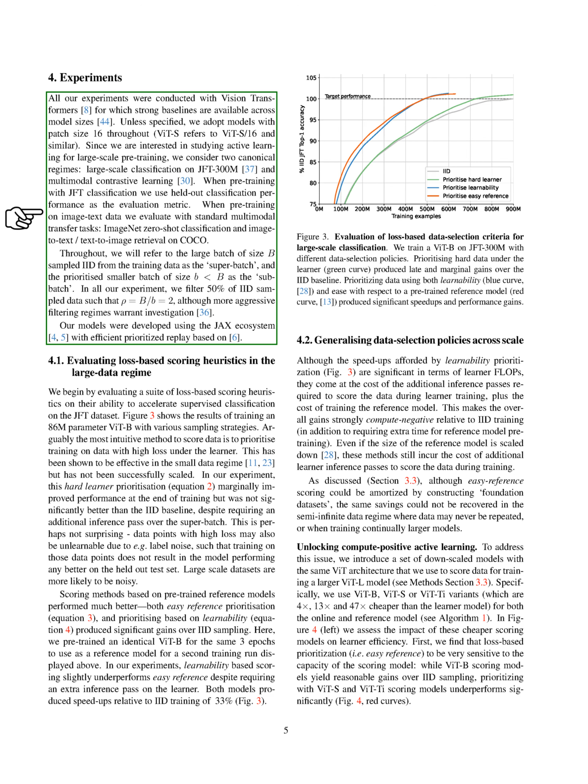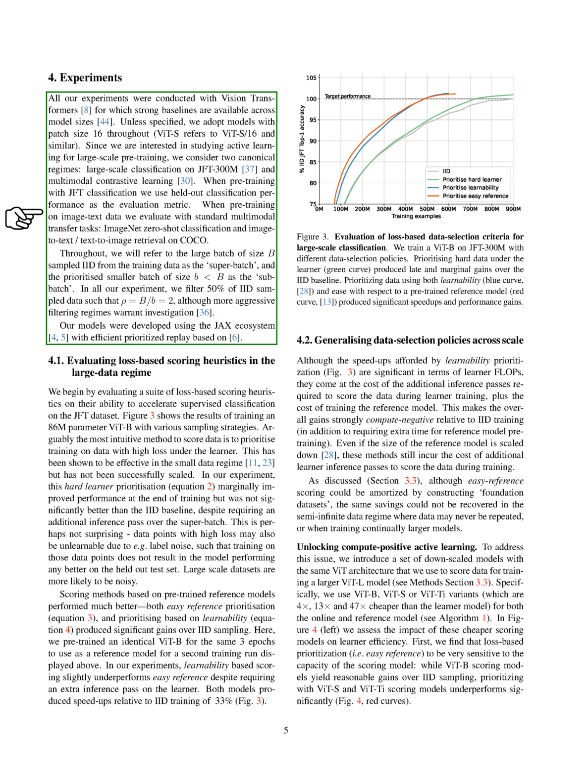We conducted our experiments using vision transformers, which have strong baselines across different model sizes. We focused on two main tasks: large-scale classification on the JFT-300M dataset and multimodal contrastive learning. For the first task, we used the classification performance on a held-out set as the evaluation metric.